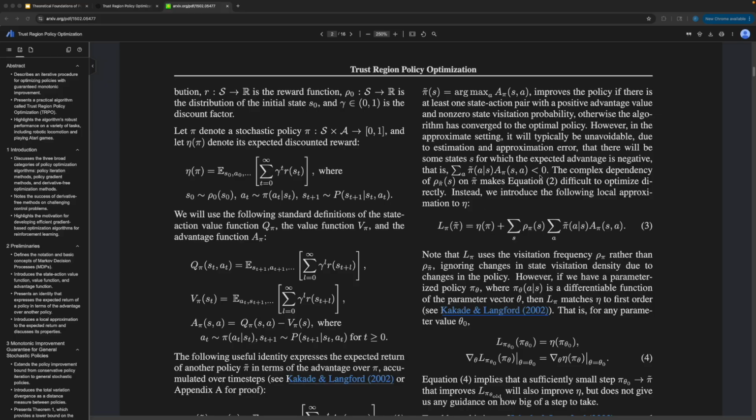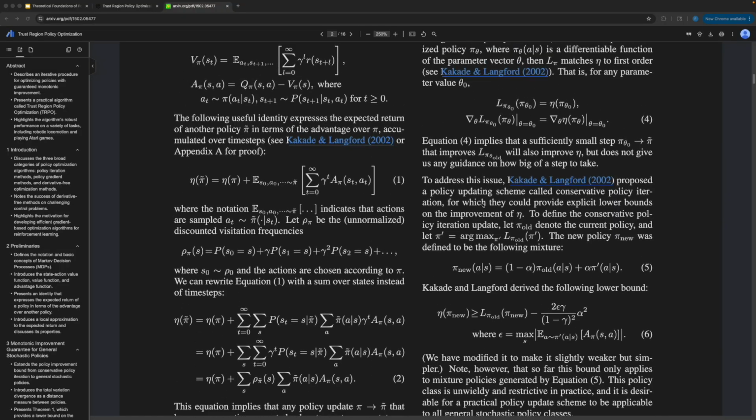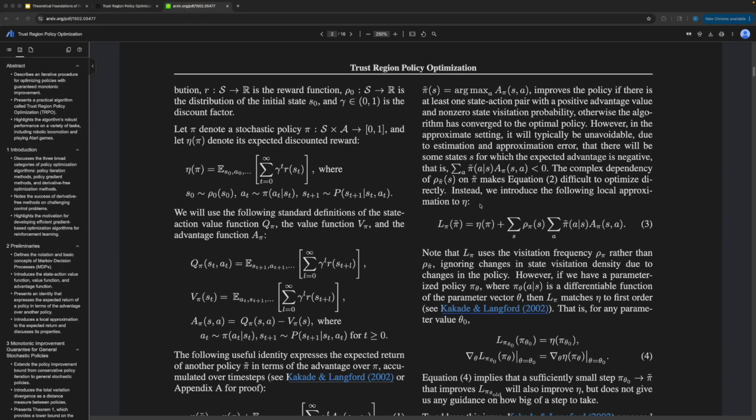Now at this stage, we see that we had this term. Optimizing the policy pi using this, which has a term of the state visitation frequencies with respect to the new policy, is very complex and difficult. So in the paper they take a local approximation by replacing rho of pi tilde with rho of pi.